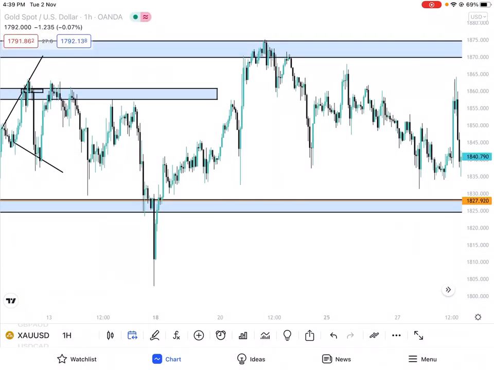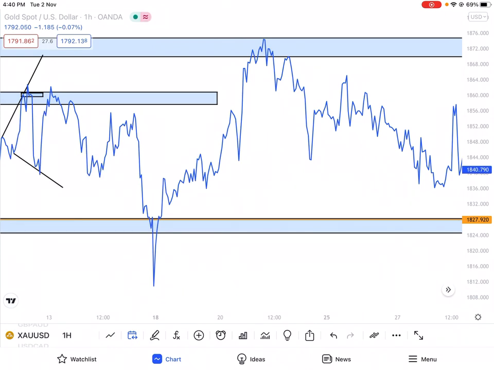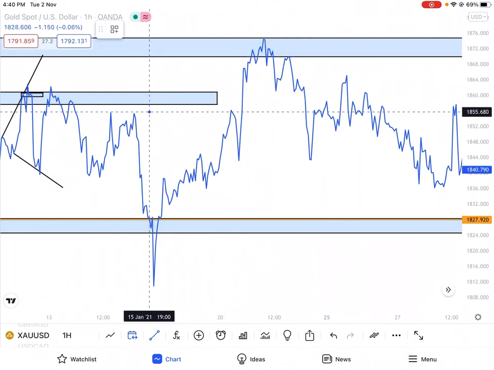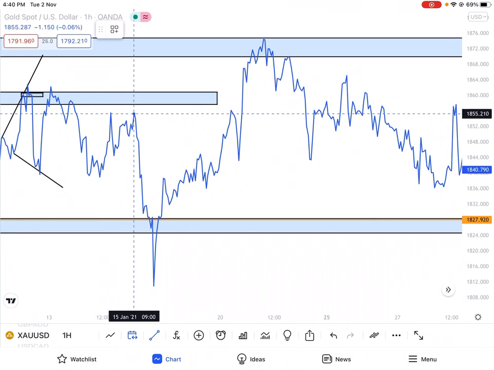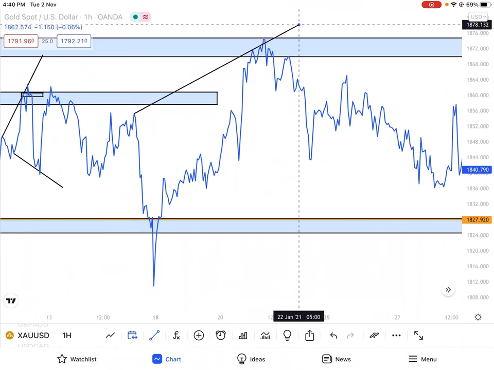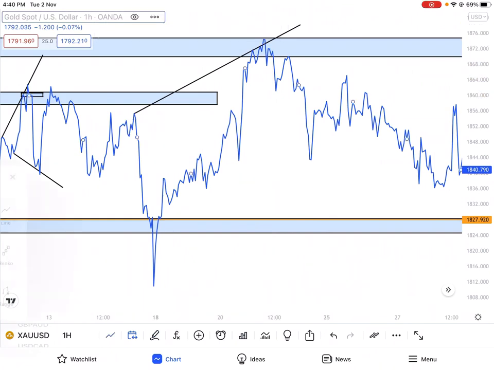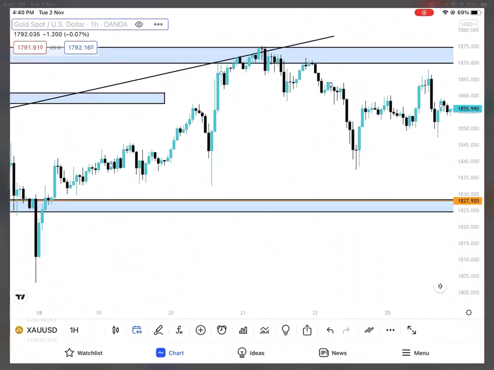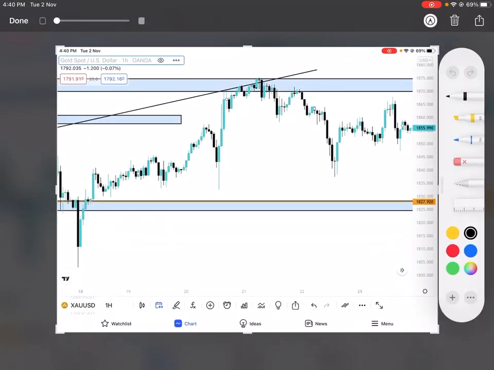Here the price once again comes back to the resistance, then we have the trend line. You may check from the previous. As you can see, the price goes up because it takes the daily resistance level.